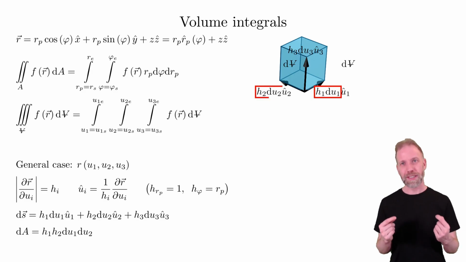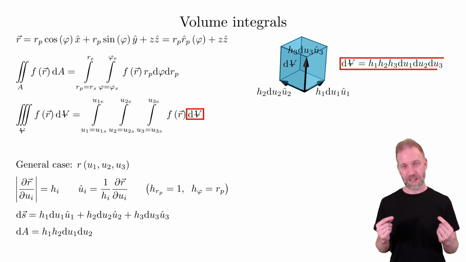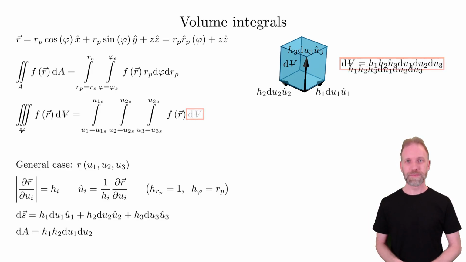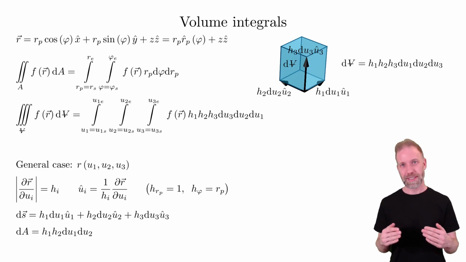Assuming orthogonal vectors, we get the volume by multiplying the length of the sides. And we can insert the general volume element. You can see that the volume element follows the same pattern as the area element. Just add one more direction.